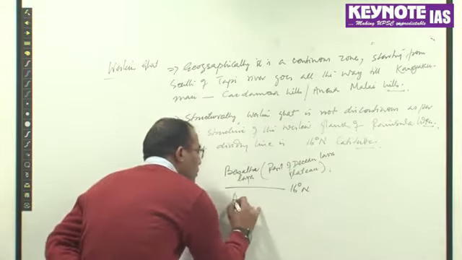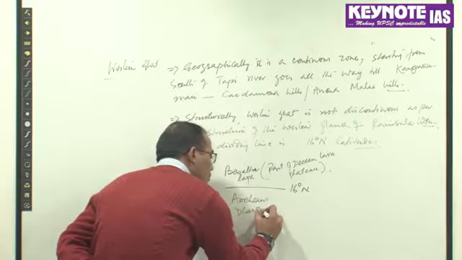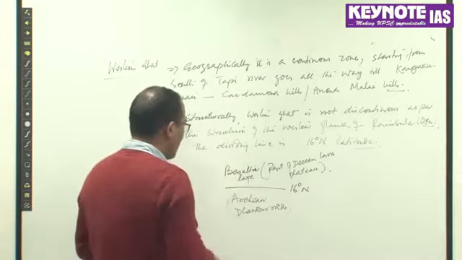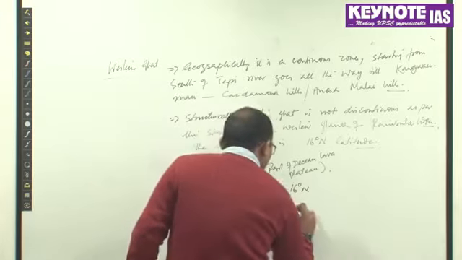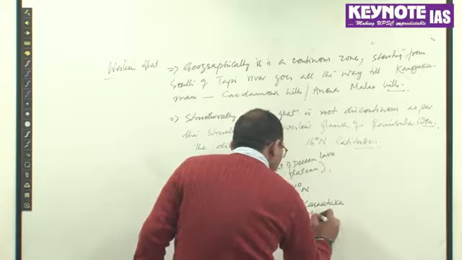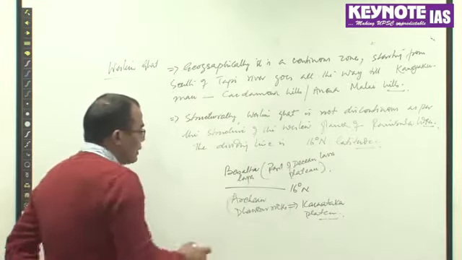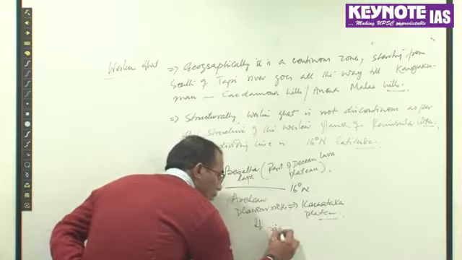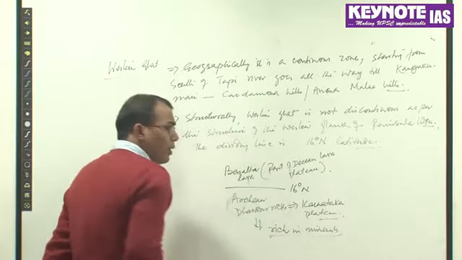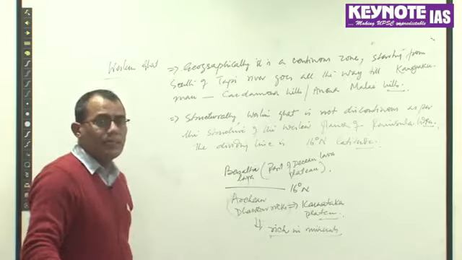Southern portion is basically made up of Archean and Dharwar rocks. Basically, the extension of Karnataka plateau. So obviously, this area will be rich in minerals. All the iron ore mines of Goa and Karnataka would be a part of this region.